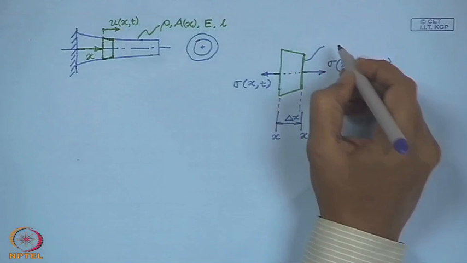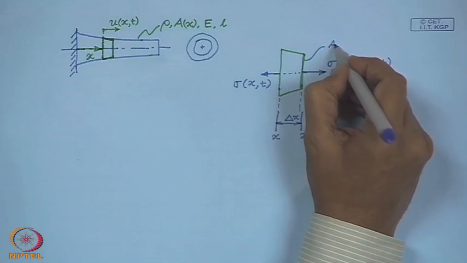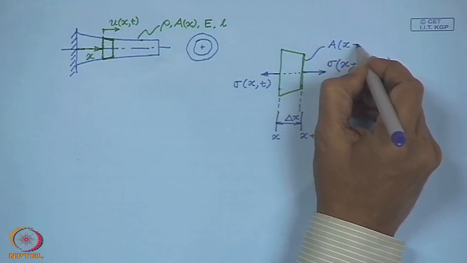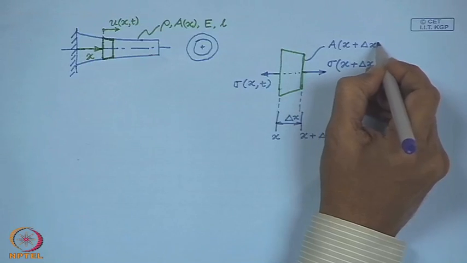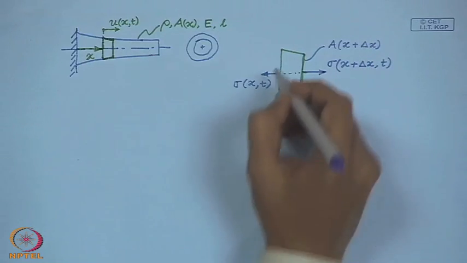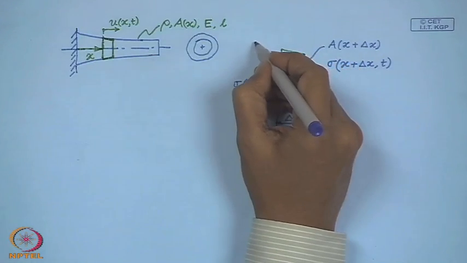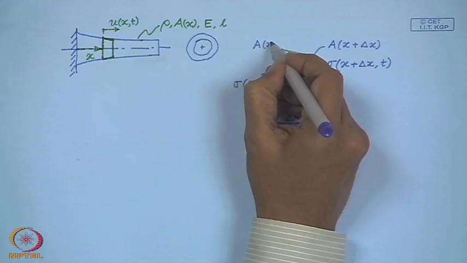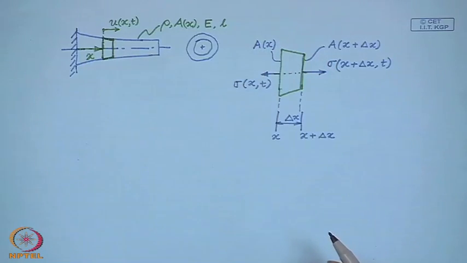Let this area be A(x plus delta x) and this is A(x).